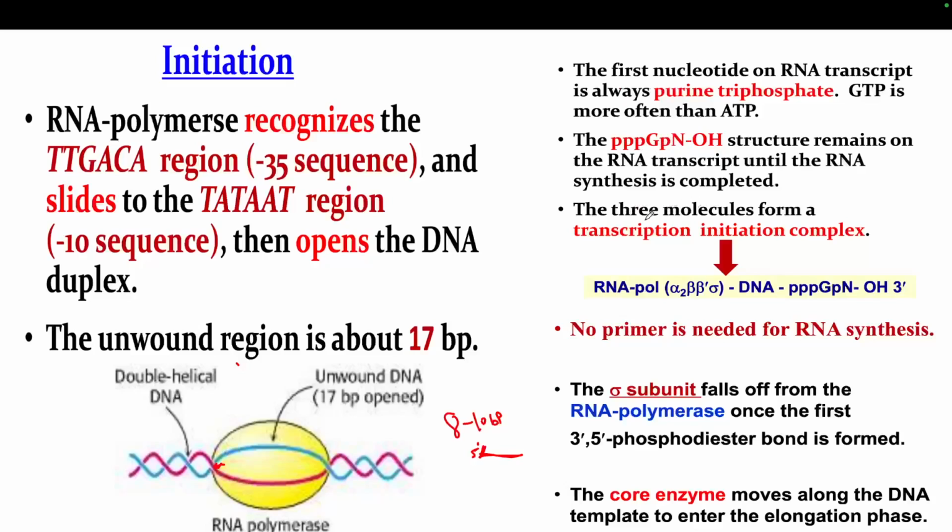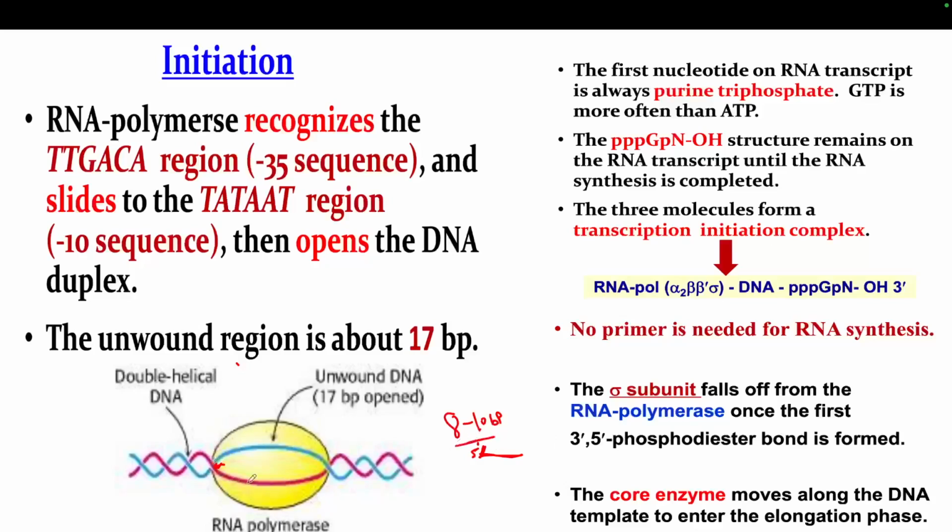So the first nucleotide will have the triphosphate, and all the remaining nucleotides will have only a single phosphate. And these 3 molecules form a transcription initiation complex, where the RNA formed is around 8 to 10 base pairs.